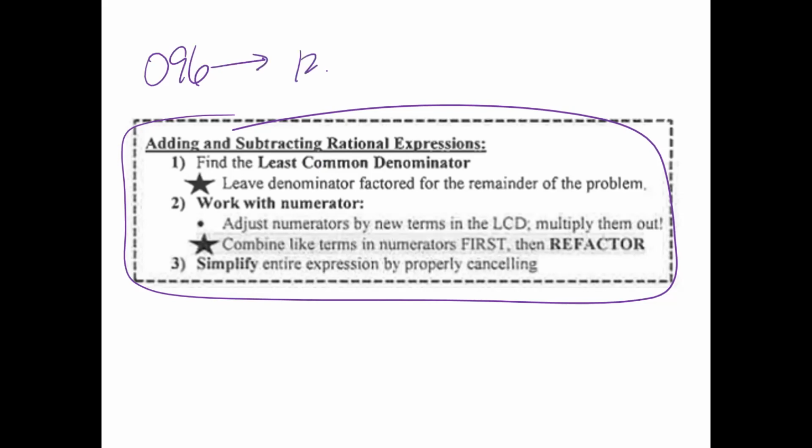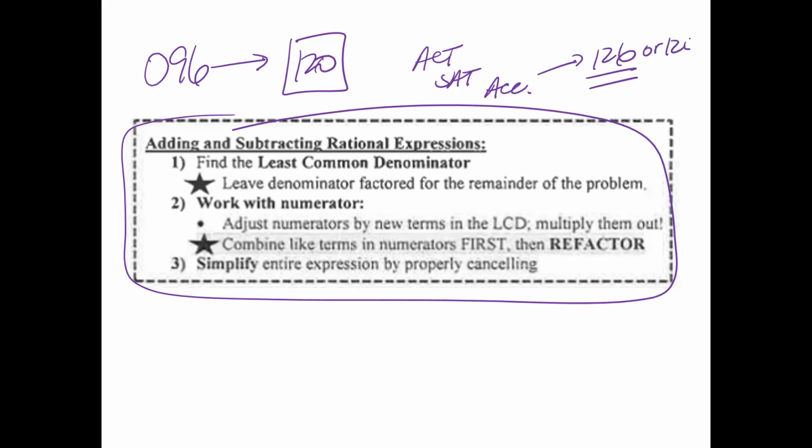So it's good that you know how to do this, because when you guys go to college, you have to either take the SAT, ACT, or the AccuPlacer test to get placed into math 126 or 120. That's just college level math. And it doesn't even matter if you're going to be a math major or not a math major, you still have to at least get to a college level math.